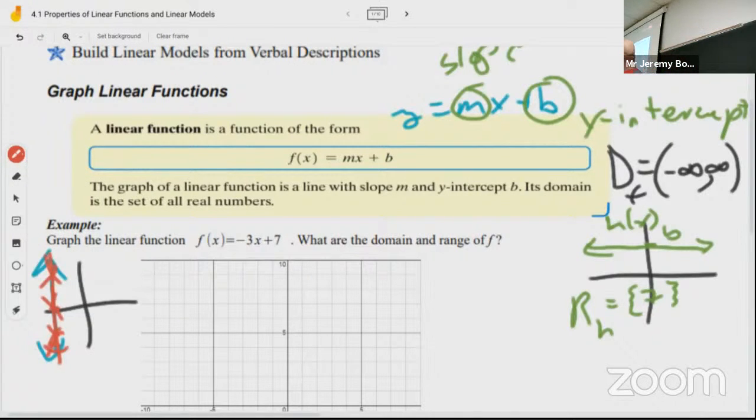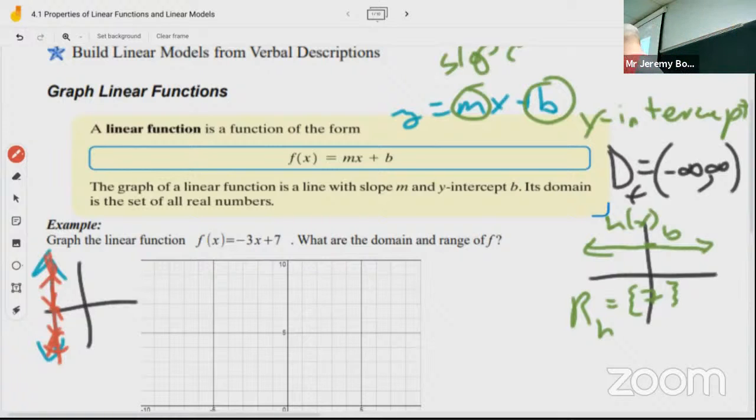So a vertical line is not a linear function because it's not a function. You'd have one x value mapped to infinite y values, which is more than one. So vertical lines are not linear functions. Horizontal lines are, and they have a range of a single value. Any questions on that?